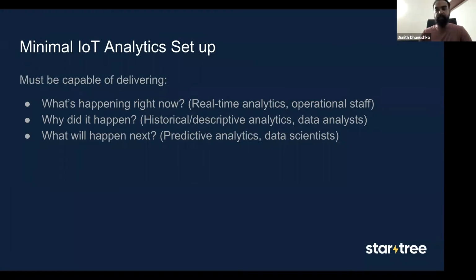For example, if we are collecting device metrics over a period of time, we can apply smart machine learning models to predict which machine has the highest probability of failing in the next hour, so that we can take precautionary measures. So those are the three types of analytics we can expect from any kind of IoT analytics setup.